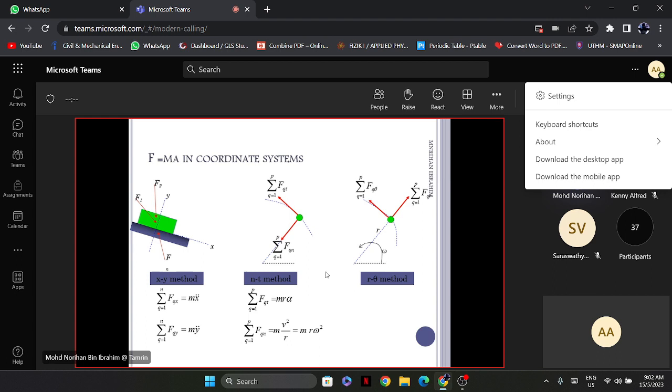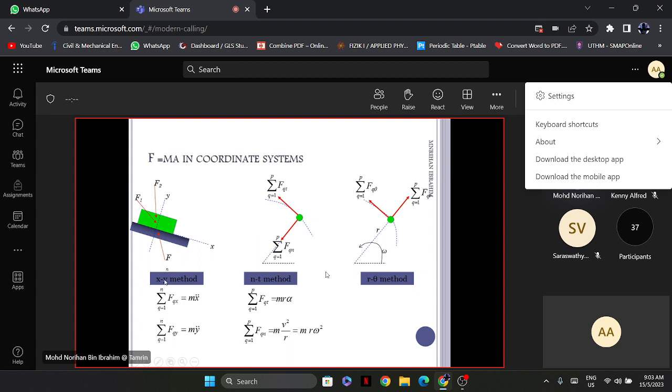Kalau kinetic diagram tu maknanya we need to consider all of the forces yang terlibat. Kalau kinematic tu dia lebih kepada velocity, accelerations, displacement, position, all of that. Itu adalah kinematic diagram, dia tak ada pertimbangan untuk forces yang terlibat.